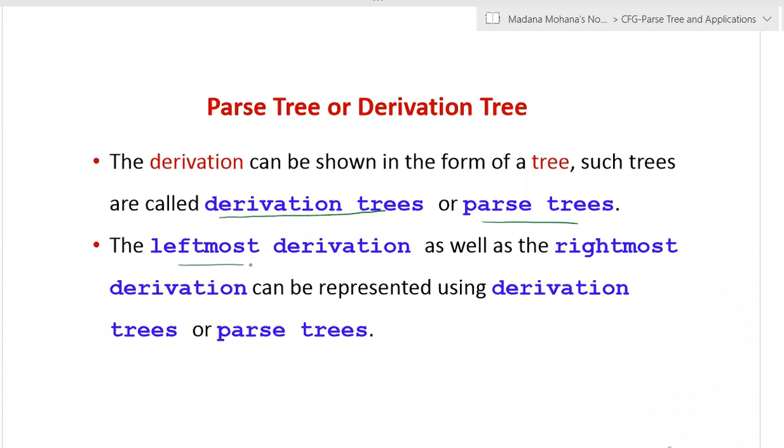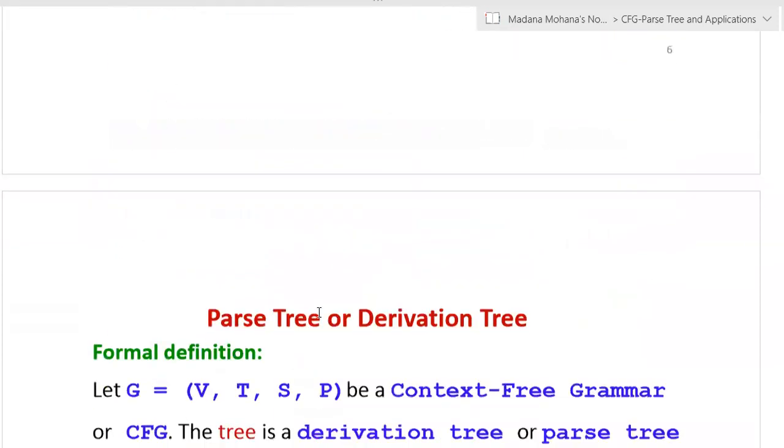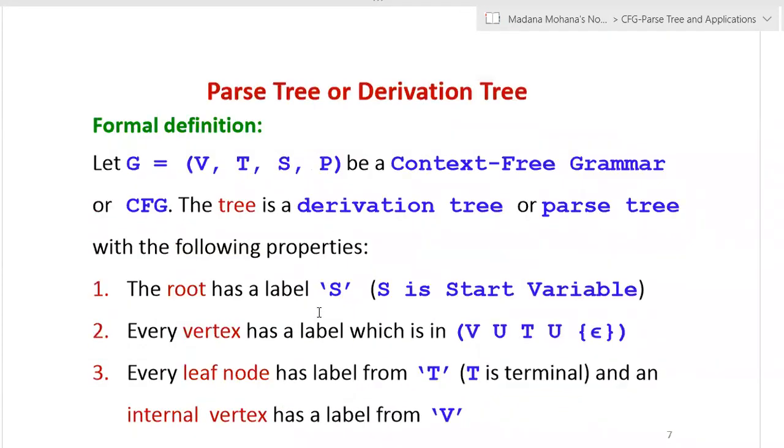The leftmost derivation as well as the rightmost derivation can be represented using derivation trees or parse trees. So we can represent both leftmost and rightmost derivations using derivation trees or parse trees. Then how to define a derivation tree or parse tree?